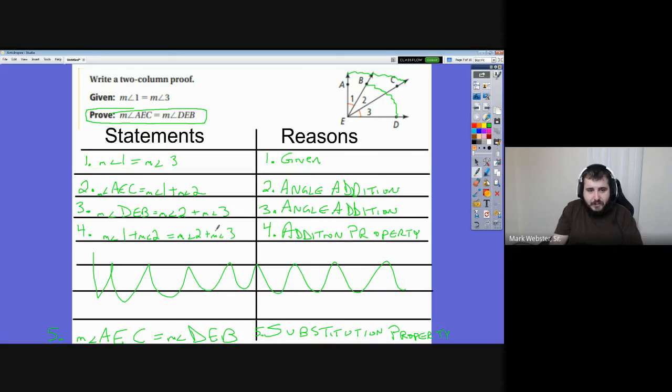I can take DEB and substitute it in for angle 2 and angle 3. And that's what I do, straight from here to here because of this. Well, isn't that what I wanted to prove? Measure of angle AEC is equal to the measure of angle DEB. I did that. So am I done? Sure am. And so I'm finished.